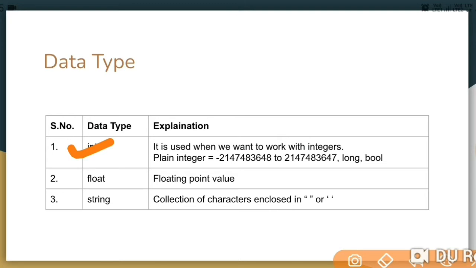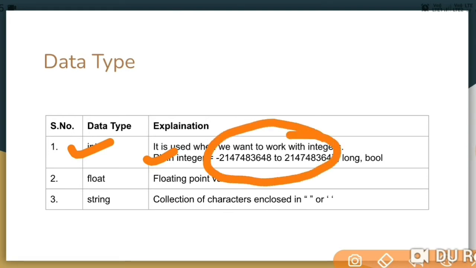The first one is the plain integer: minus 2147483648 to 2147483647. This range is known as plain integer, and beyond this range is known as long integer. And if you are using true or false, or 0 or 1, you can use bool.